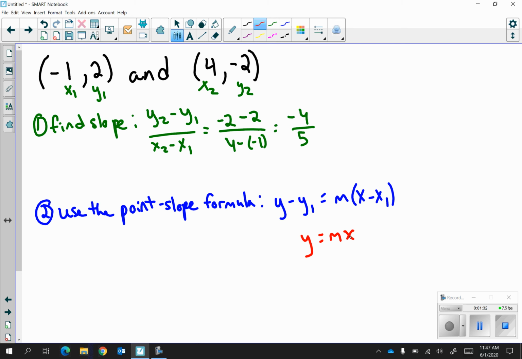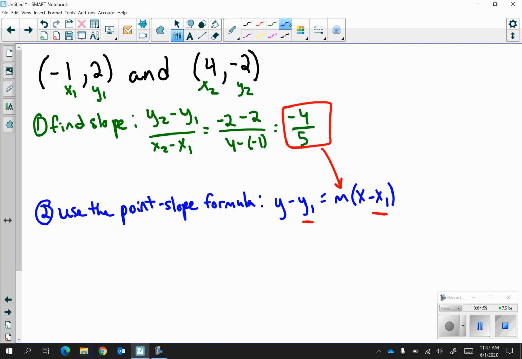The only difference is that you don't have the b, but you also have the minus y1 and minus x1. Now the y1 and x1 are going to be from your coordinates. You can choose either one you like, so really you can have two answers. And also you're going to use the slope that you just came up with before. That is your m value.